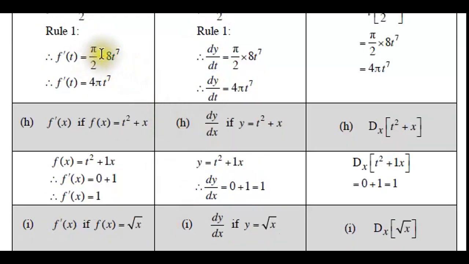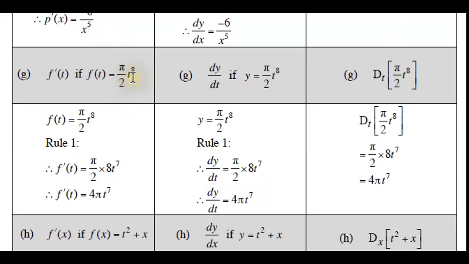Doing that, notice it was t to the 8, and now became t to the 7, because we subtracted 1 from the exponent. And now we have the 8, which came to the front. So now 8 divided by 2 is 4, and that's how we get 4 pi t to the 7.